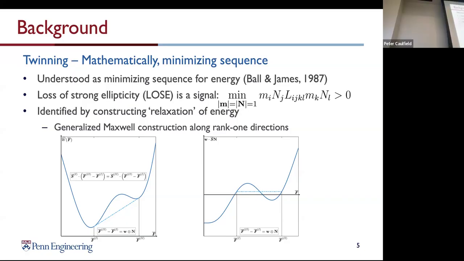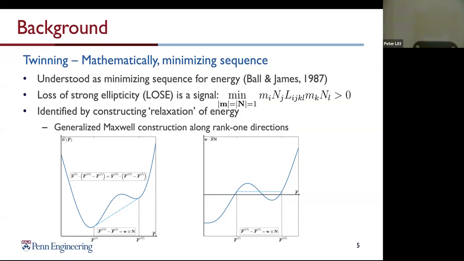That is, determinant of the acoustic tensor is greater than 0. Yes. Or greater than or equal to 0. That is loss of ellipticity. Whereas when you introduce the vectors like you have here, up there on this slide, that is strong ellipticity. Am I right? Am I wrong on this?